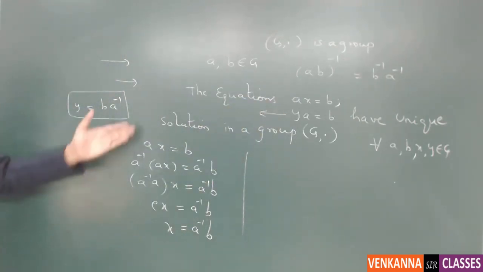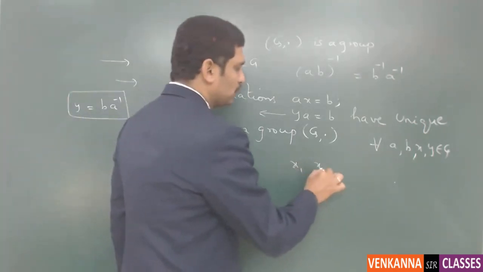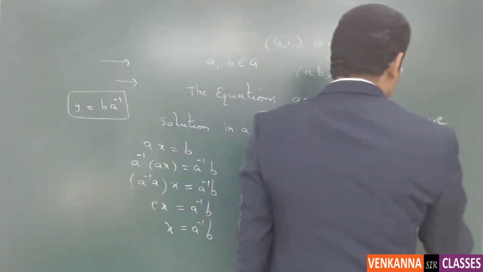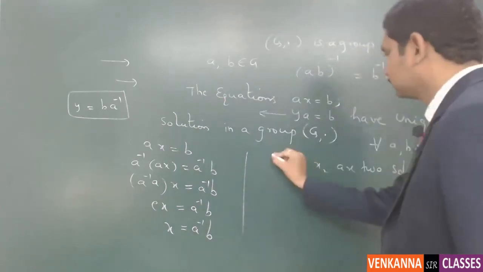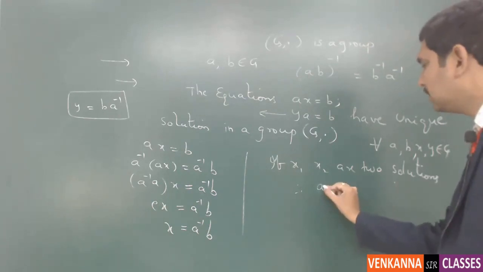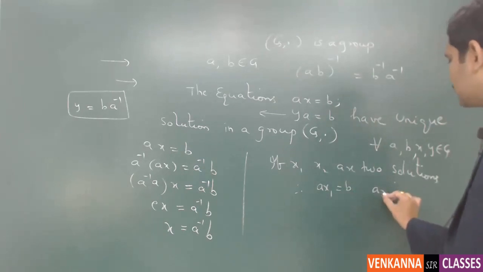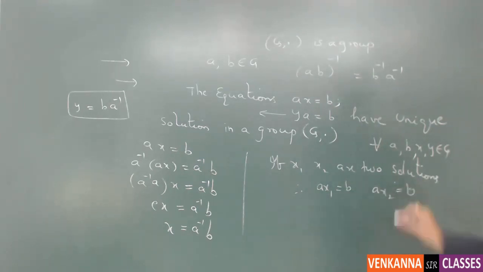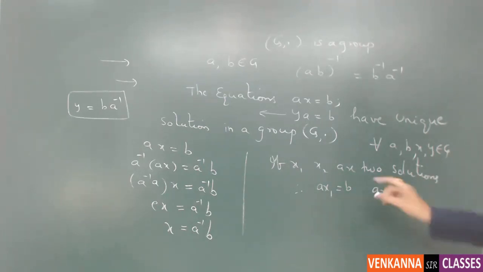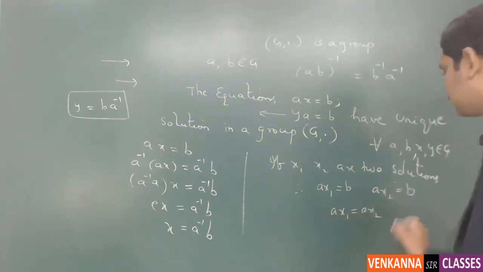And I will say that the solution is unique because whenever you take two solutions, they will become equal. Since x1 is a solution, you can write Ax1 equal to B. Since x2 is a solution, you can write Ax2 equal to B. So for a value B, you have two representations: Ax1 equal to Ax2.